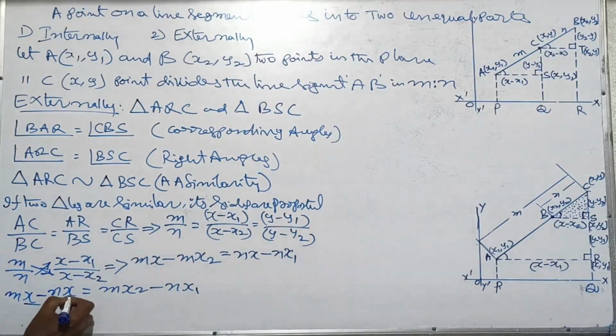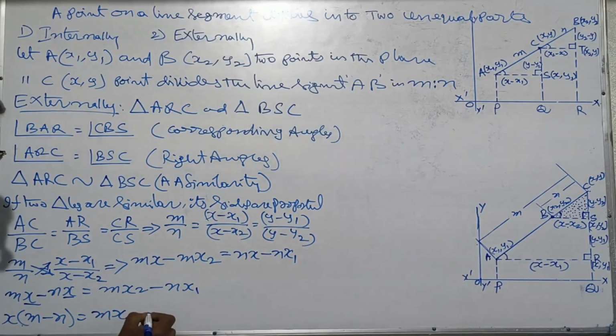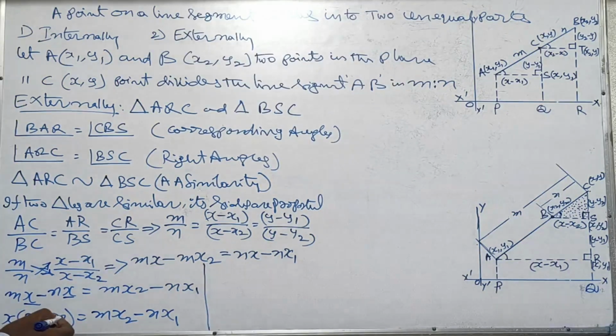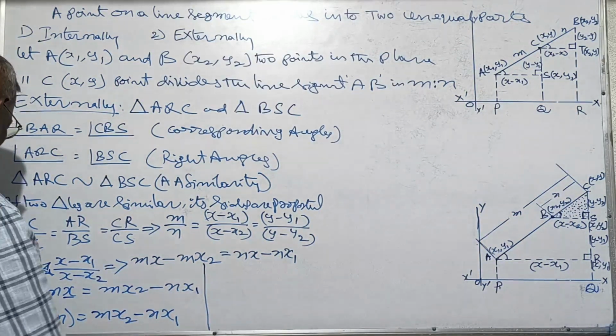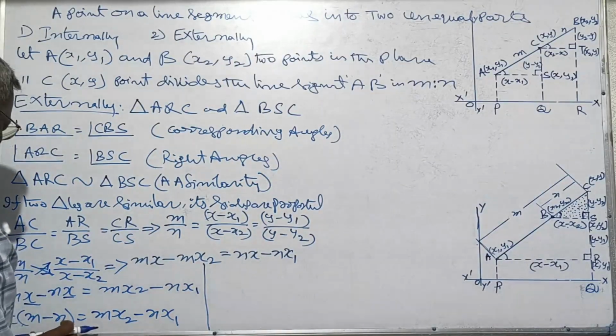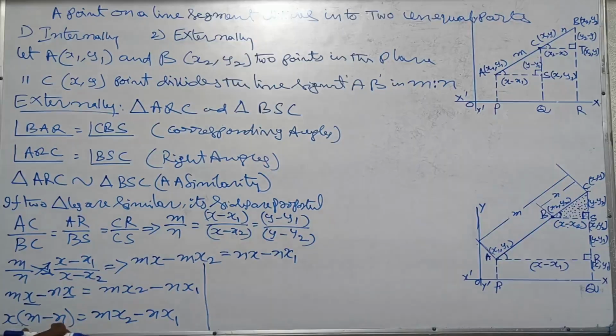Here x is common, so x into m minus n is equal to mx2 minus nx1. Since m minus n is multiplying, it goes to the other side as division.